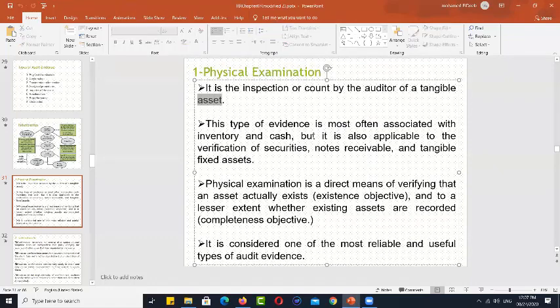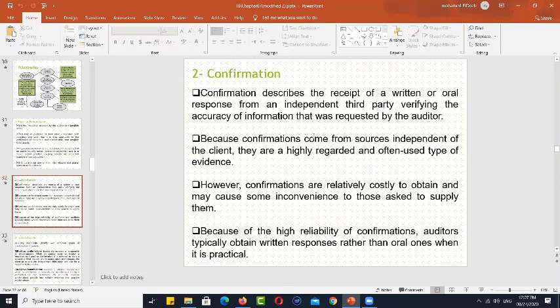Then we moved to confirmation, and we said confirmation means we are going to get a written or oral response from an independent third party. Who are the first and second parties? The first party is the client, the second party is the auditor, and the third party is anyone independent outside the company.